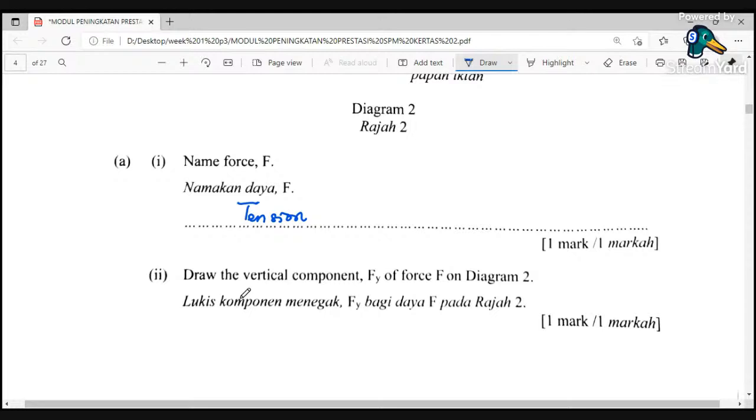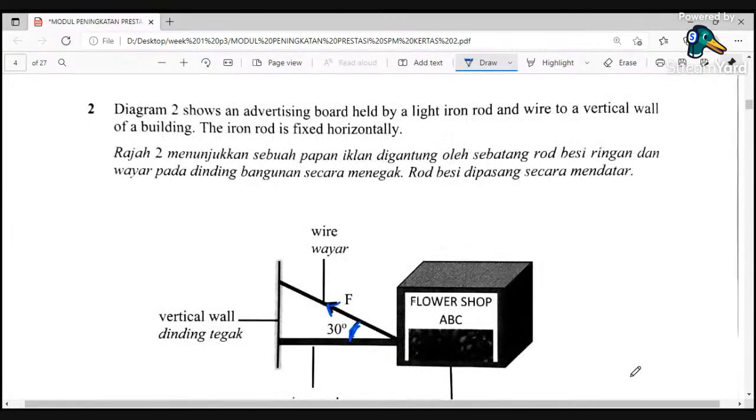Part 2, draw the vertical component Fy of force F. Mana satu the component you boleh lukiskan di sini. For force F, you can derive the two component, horizontal component, vertical component. So direction mestilah upwards.